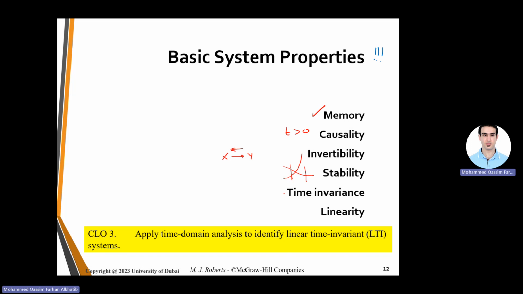Time invariance means if the input x of t has passed through a delay system, Ts, and gives me x of t minus t naught, let's call it t naught, and then I apply it to the system, that's my h, and I'll get a certain output.